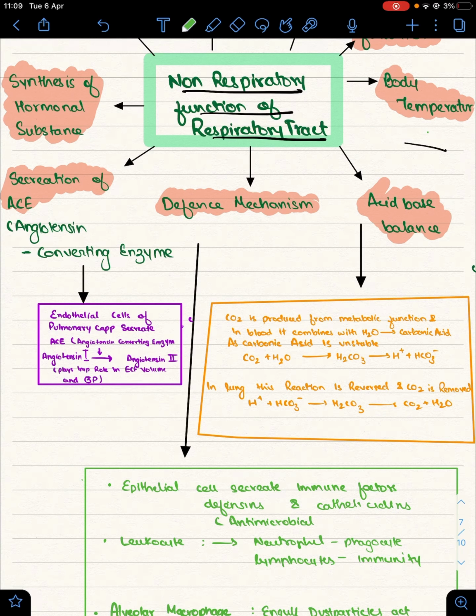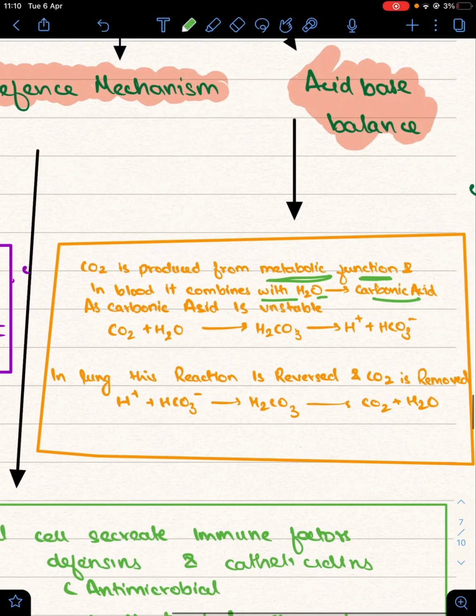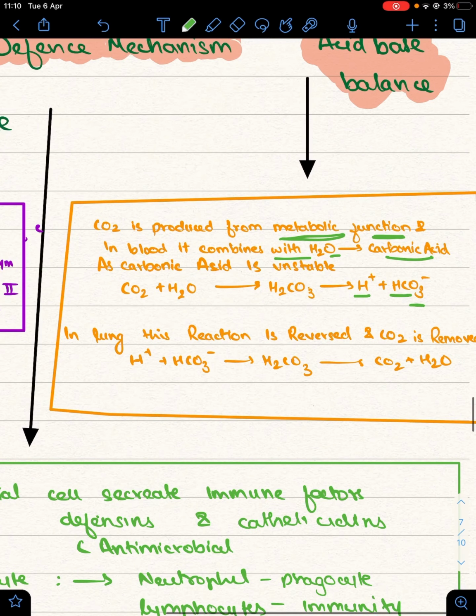first let us see acid base balance. As we know, CO2 is produced in many metabolic functions, and when CO2 comes into the blood, it mixes with H2O to form carbonic acid, and as carbonic acid is unstable, it is broken down into a proton and HCO3 minus. When this comes into the lungs, this reaction is reversed.